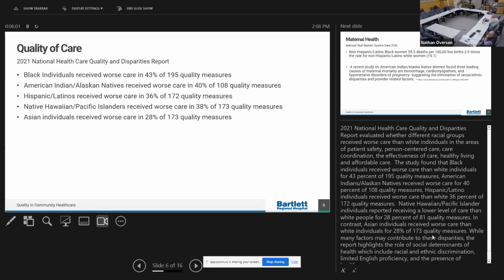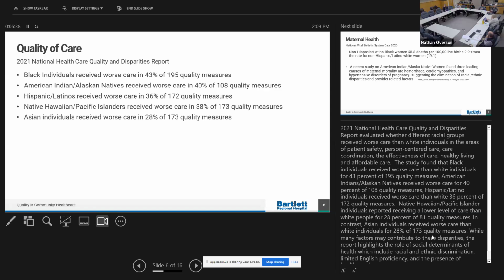When you look at quality of care and disparities, this is some interesting national data from 2021, the National Healthcare Quality and Disparities Report. It compared different ethnic groups to people who identified as white, looking at measures of patient safety, person-centered care, care coordination, effectiveness of care, healthy living, and affordable care.